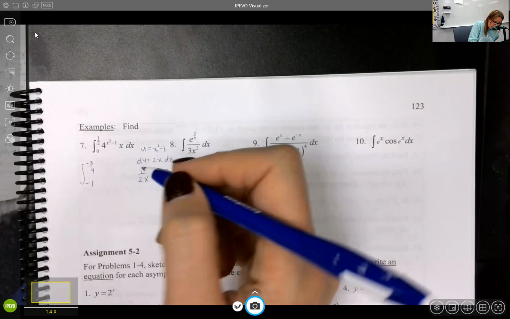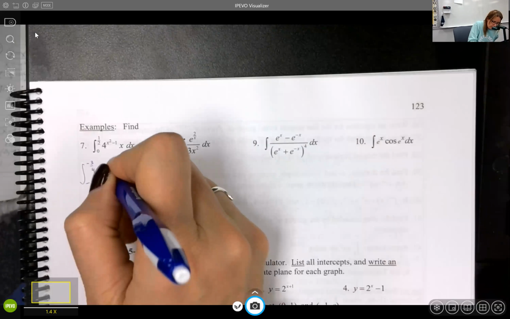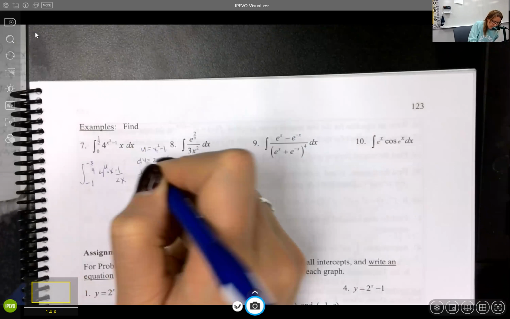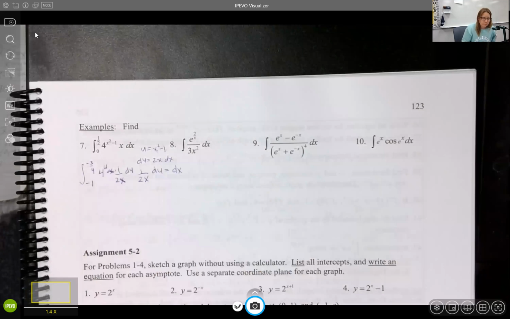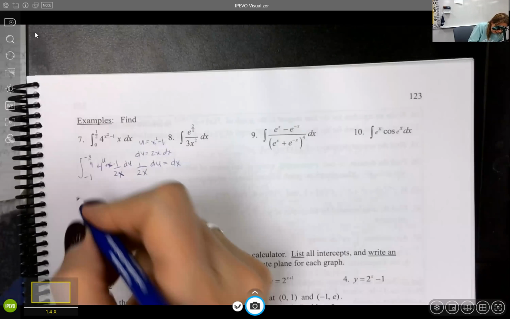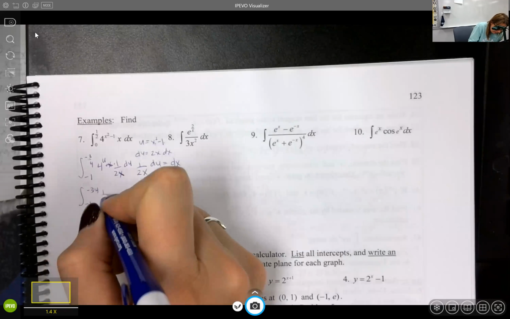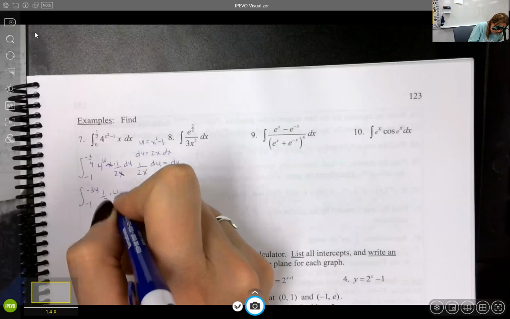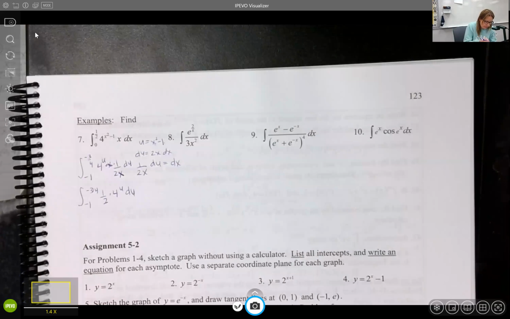And this is going to be 4 to the u times x times 1 over 2x times du. So those x's will cancel out, and we're left with 1/2 times 4 to the u du. That's what we're going to be taking the integral of.